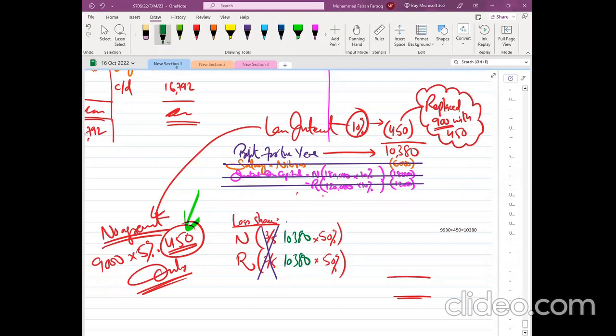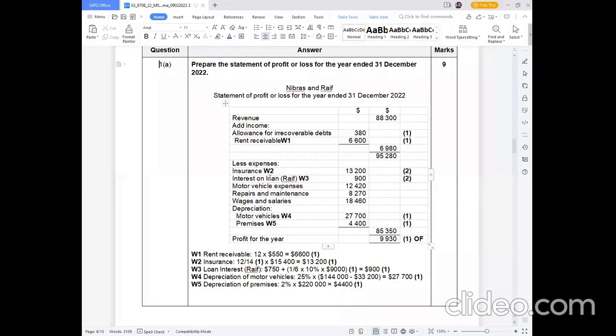But why am I adding 450 with the old interest 900? I'm not adding. I just told you, no? Look, I'm just changing the income statement. Again, you can see the loan interest. It was how much? 900. Why was it 900? Because there was an agreement, no? And how was this 900 calculated? 9,000 into 10%.